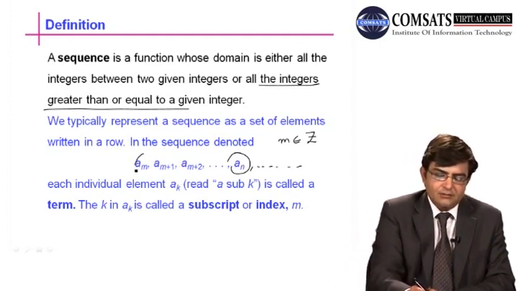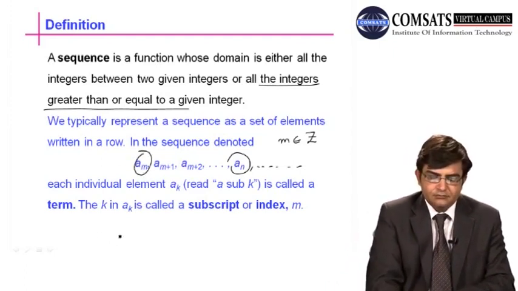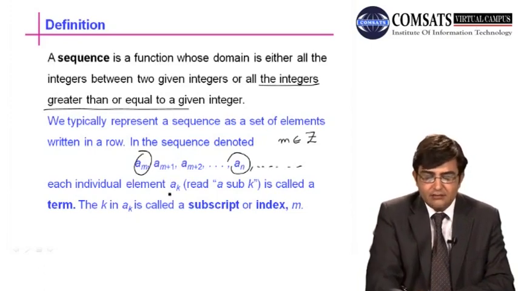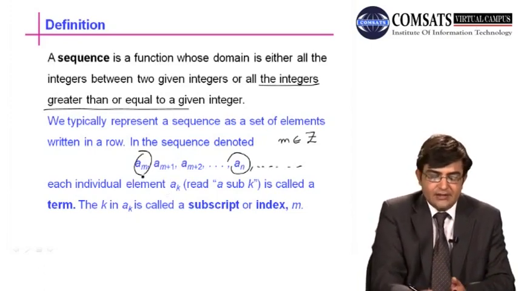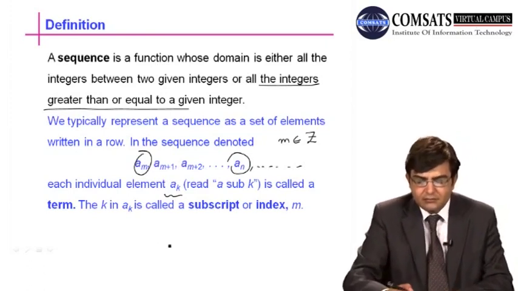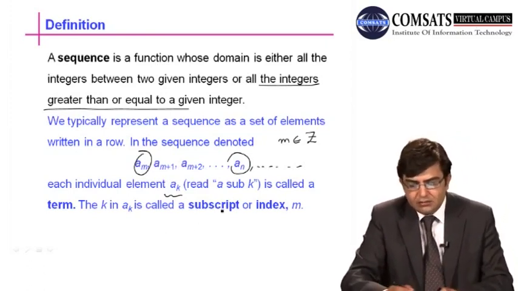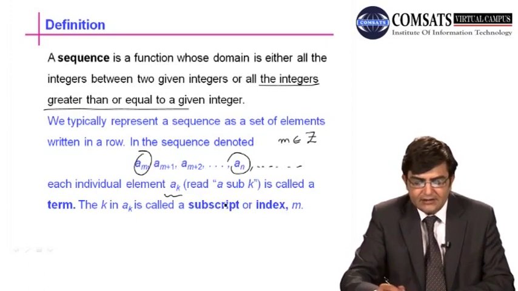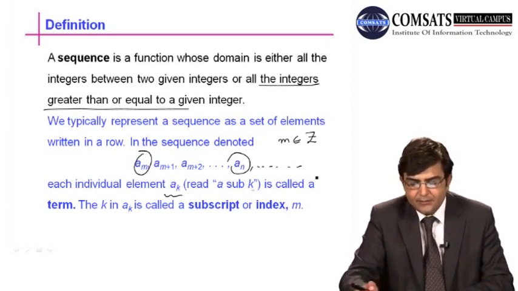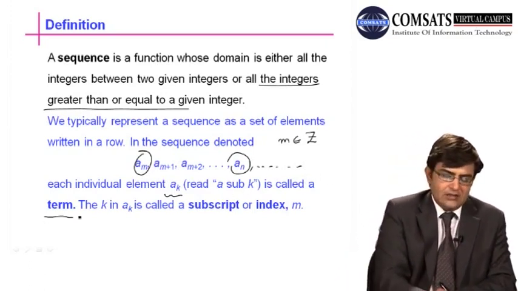Each individual term in the sequence is called an element of a sequence or a term of a sequence, and is usually denoted by A_K or A_N or A_I. There are different notations, and this is read as A sub K and is called a term.